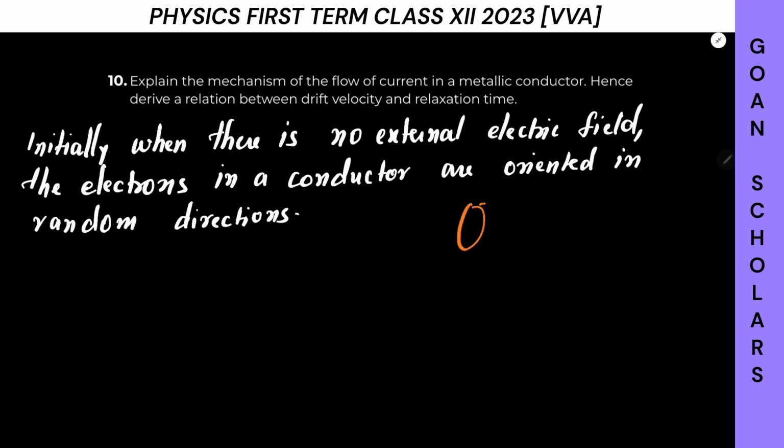So you can imagine this situation like this. This is our metallic conductor and the electrons are random. Some are going in this direction, some in this direction, some in this, all in random directions.